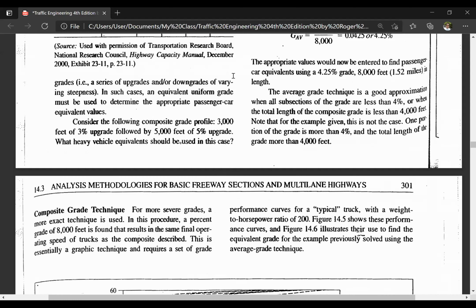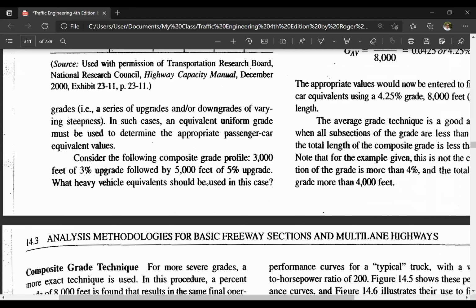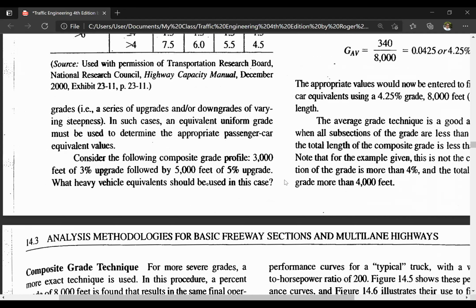Considering the following composite grade profile, 3,000 feet of 3% upgrade, followed by 5,000 feet of 5% upgrade. So it's two sections, right? The question is, what heavy vehicle equivalent should be used in this case?